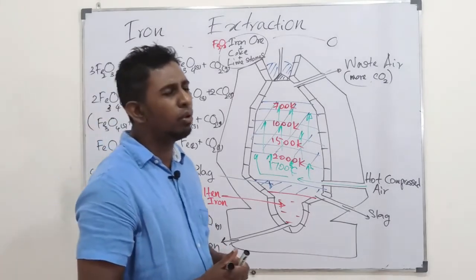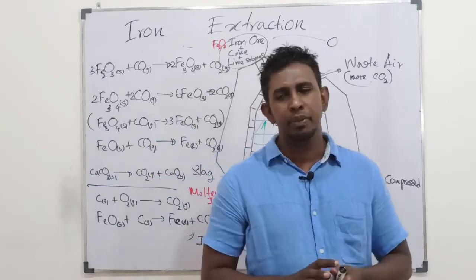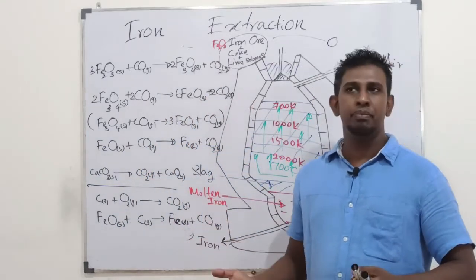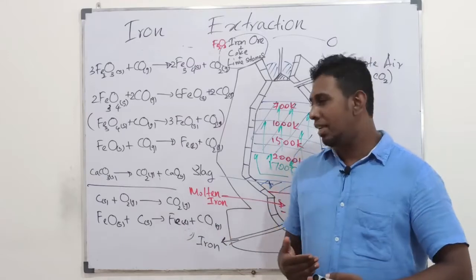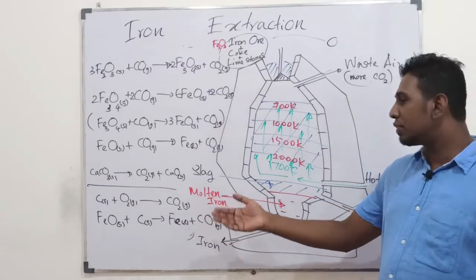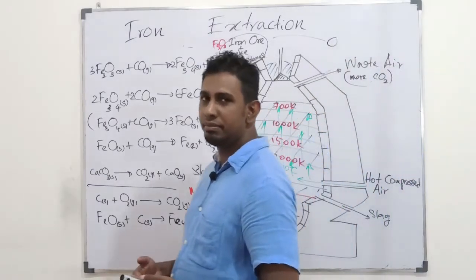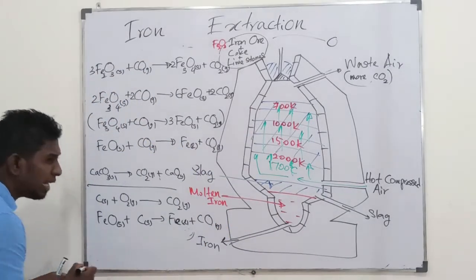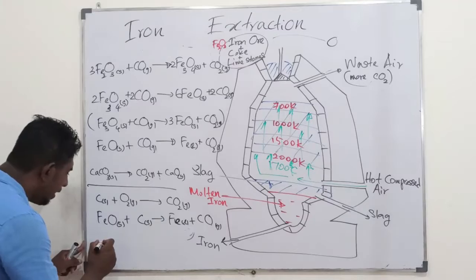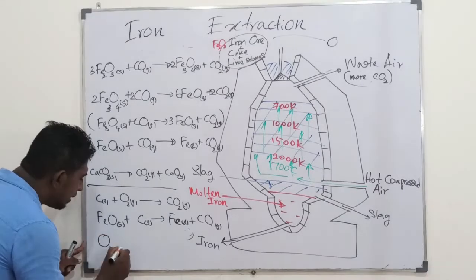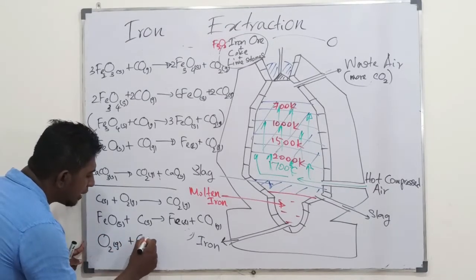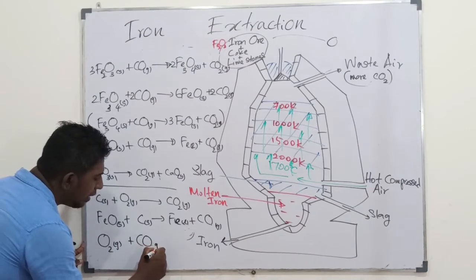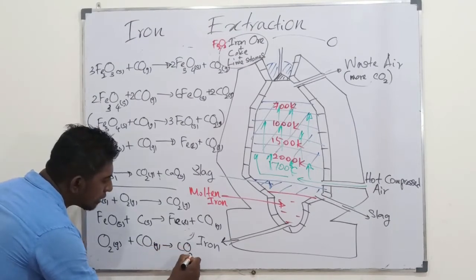Carbon itself serves here as a reducing agent, and it reduces ferrous oxide into iron. Then there's another reaction possible. It is quite disadvantageous. Its oxygen could combine with carbon monoxide, giving you carbon dioxide.